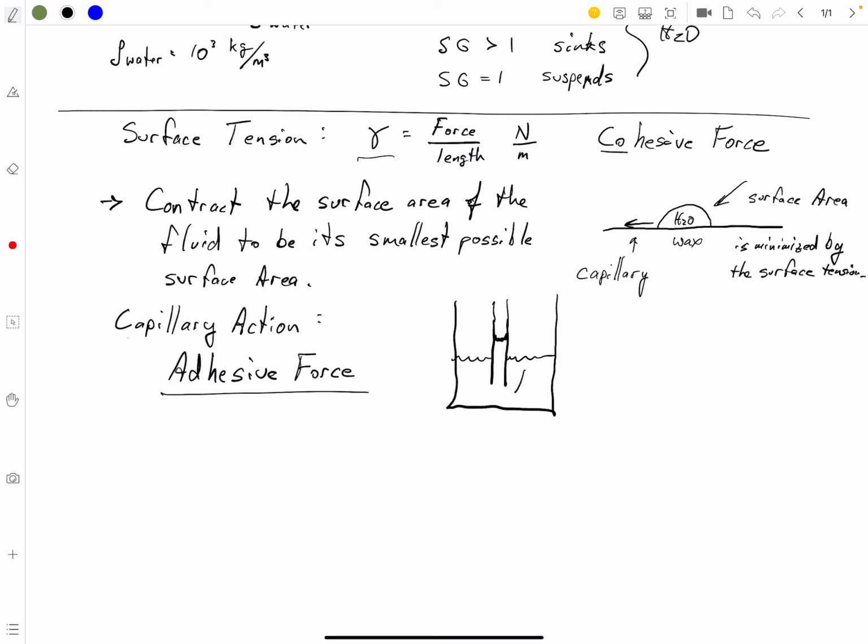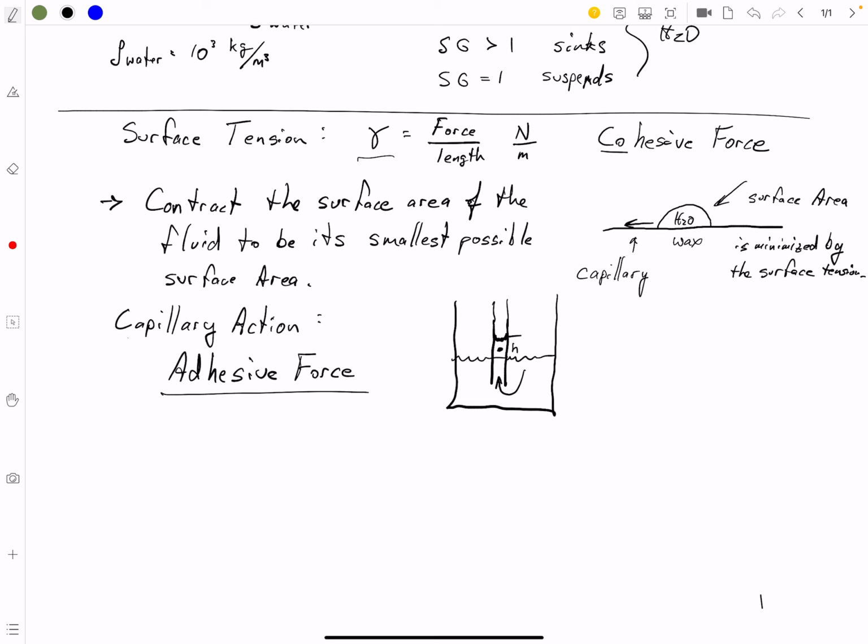This fluid will go up into the pipette, and it'll climb up a certain height h. Well, that just means that it is able to take our center of mass, whatever that volume of stuff is, a certain height h.